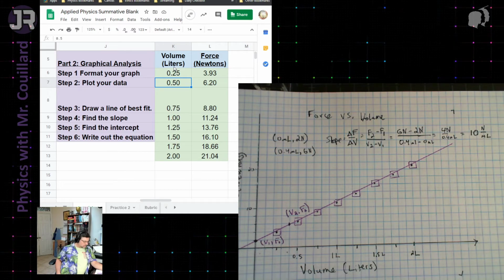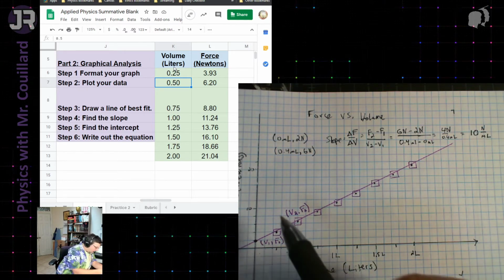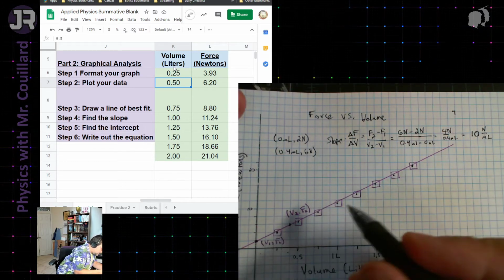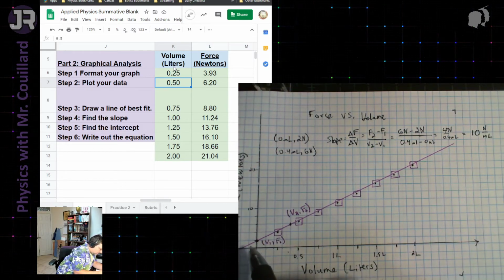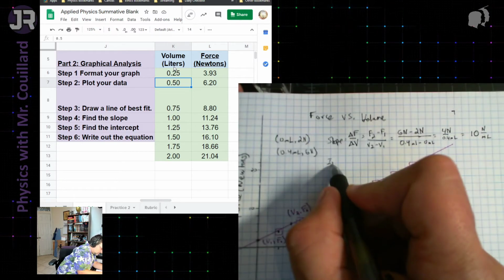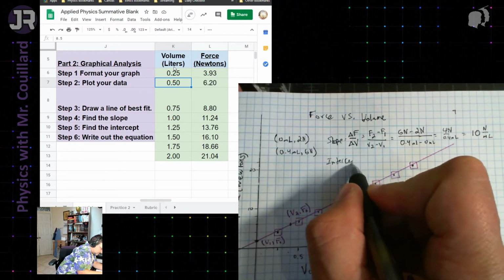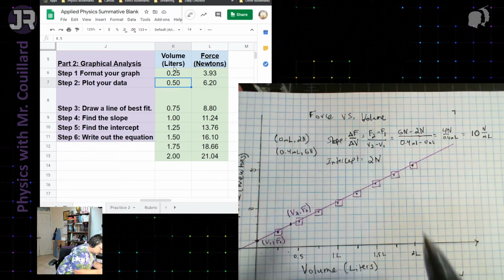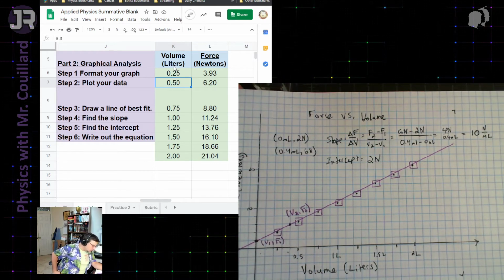Okay, so that is our slope. Our intercept appears to be our initial force, we'll call it 2 newtons, since that's where it crosses the line.